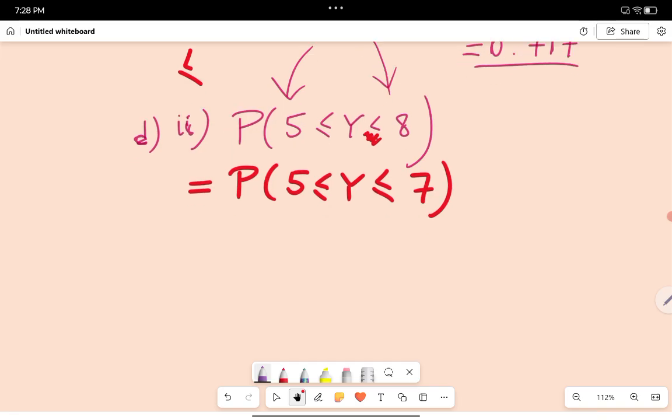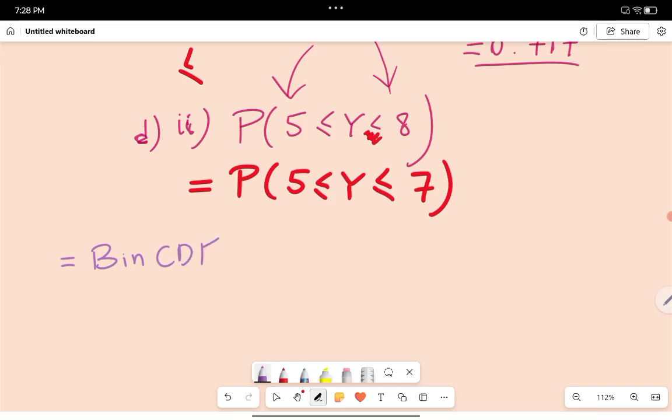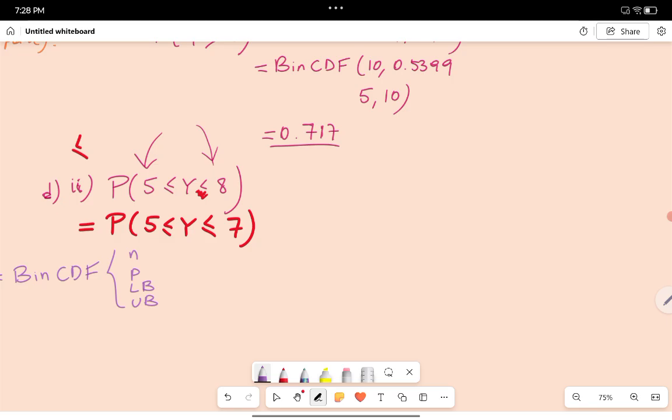Okay, and then indeed you put it in the calculator, so that is binomial CDF, because again we have a range now. And then we have n, p, lower bound, upper bound. So that's the same as we had. So n is 10, because we throw the darts 10 times, right? 10 turns. p is the same.